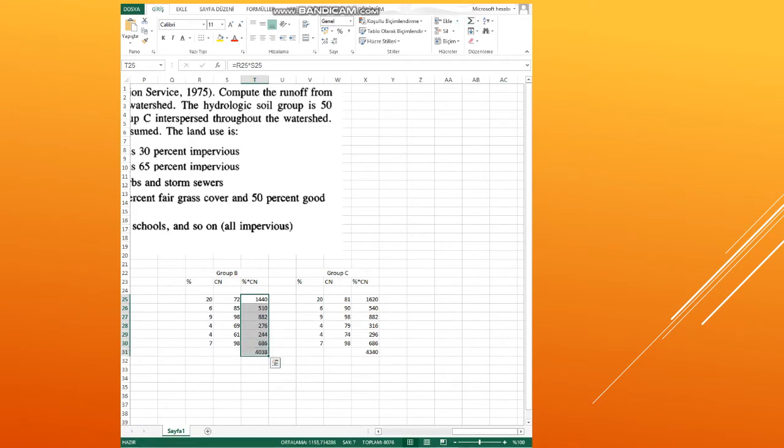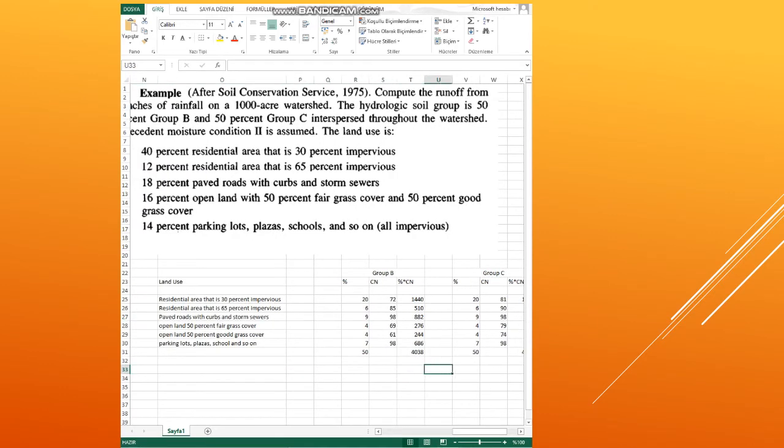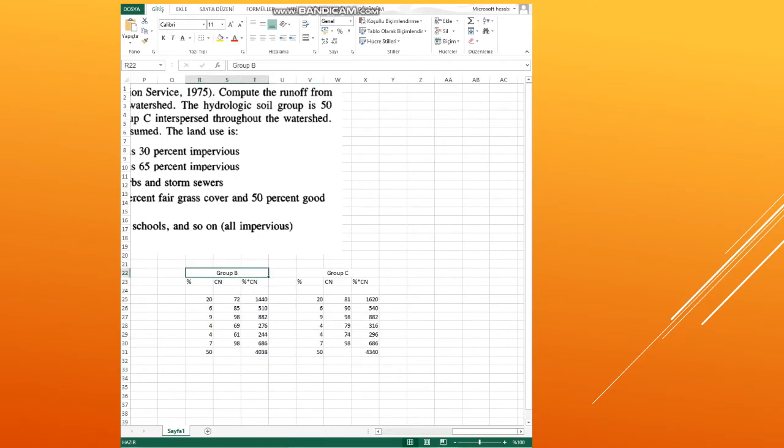When you add the percentages, it is 50% and 50%, so we have 100% of the land use curve number we calculated.